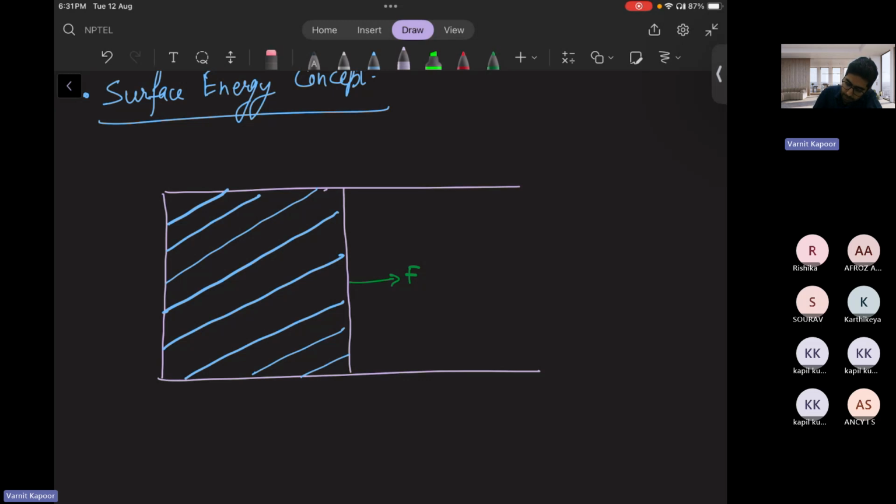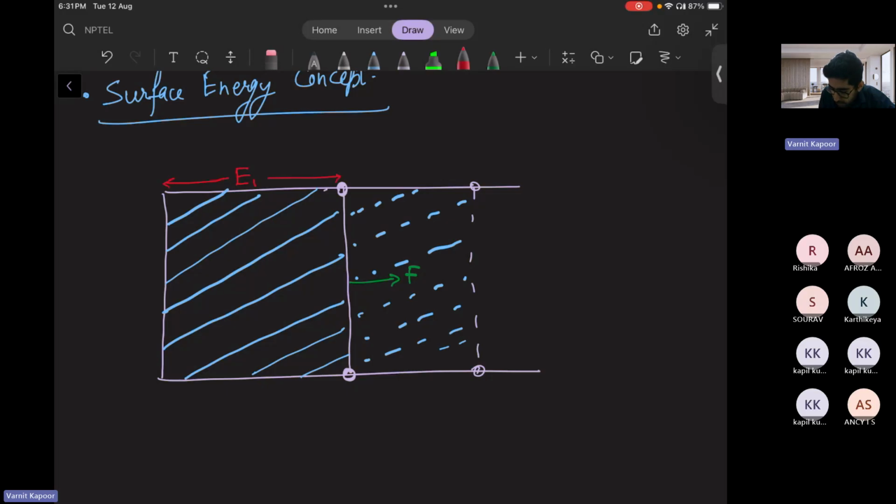So this lever is movable. You are applying a force. You have stretched it to some position till here. What has happened? The fluid layer has also stretched till here. Until then, when it was not stretched, the energy state was E1.